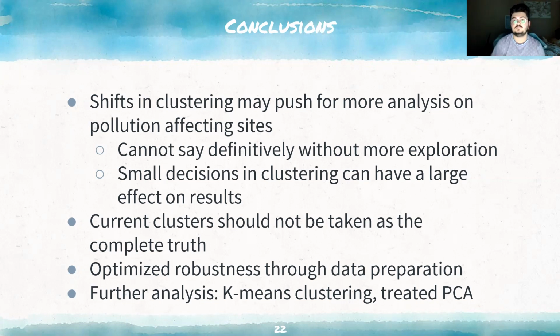Also, we could do a treated principal component analysis on this data. When I first did a principal component analysis, which is what I originally wanted to do with this set, it came out fairly inconclusive because we ended up with 7 variables in the end, and not all of them had a significant impact on our variability. It came out as a linear line as opposed to a curve, so we couldn't really reduce the variables.